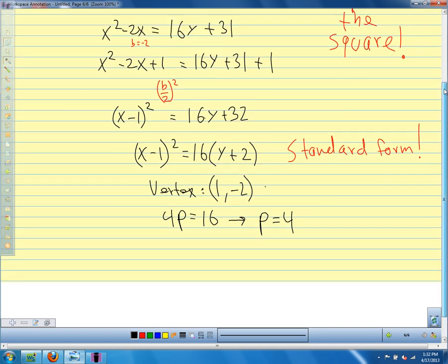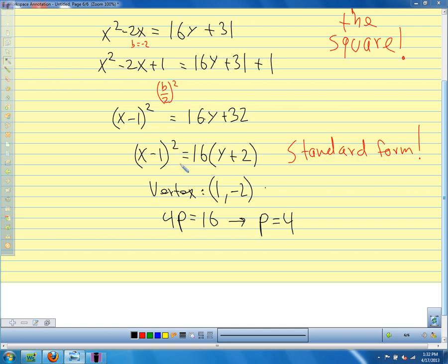Now is this parabola opening up or down? Up. Opens up. X is squared, so we know it's a vertical axis. This is positive, so we know it opens up. So my focus is going to be 4 units up from the vertex.